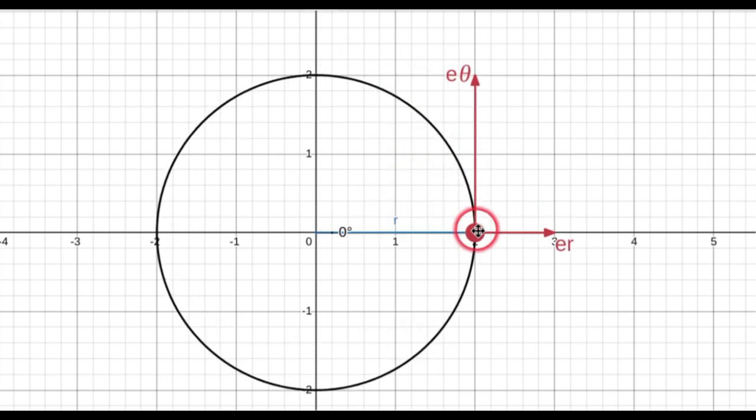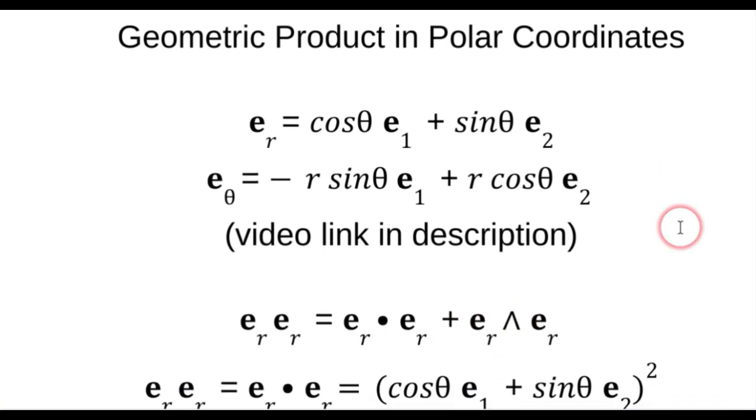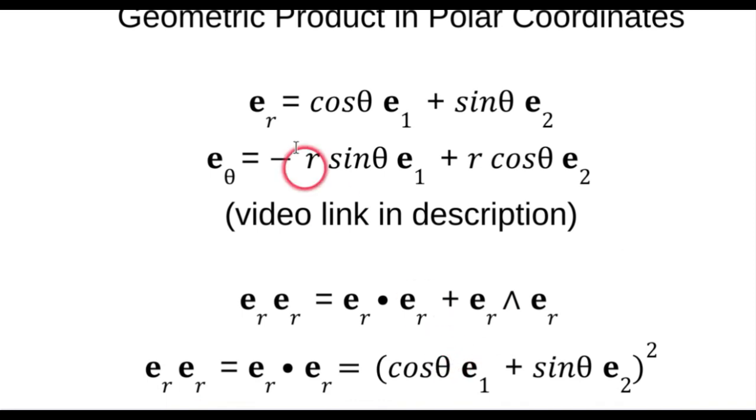All right. So let's go back to our doc. Okay. So we want to start taking the product of these polar basis vectors. So we'll start with ER. So we get ER dot ER and ER wedge ER. Well, we know the rules. Any vector with itself is 0, so we just have to deal with the dot product, which is just ER squared, right?